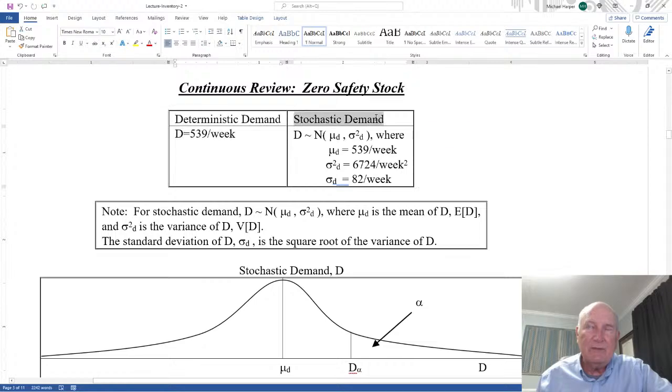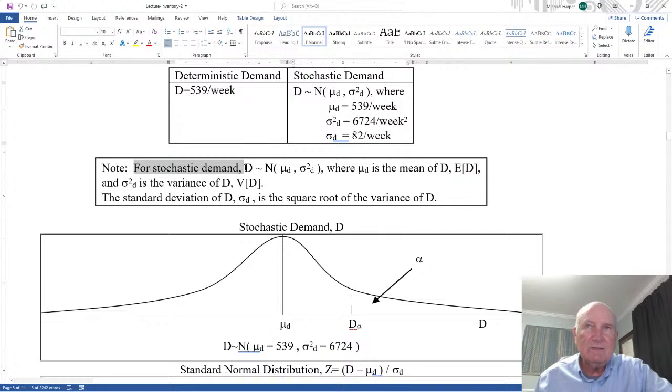The stochastic demand, however, is a demand rate which follows a normal distribution with a mean mu of D and a variance sigma squared of D, where the mean is 539 a week. I'm picking the mean to be the same as the demand rate, but that's the mean now. It can vary around 539. The variance around that is 6724, and the standard deviation is 82.